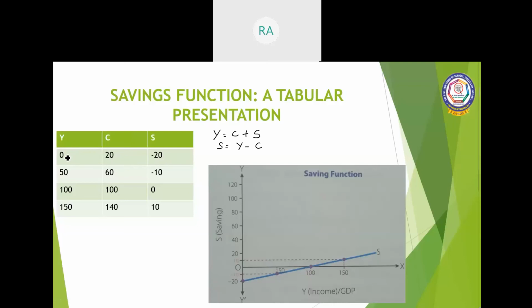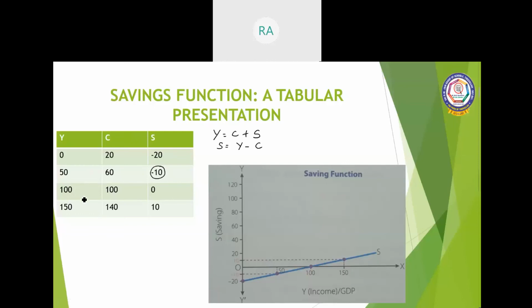When the income has increased from 0 to 50, the consumption has also increased from 20 to 60. When you compare income and consumption expenditure, the consumption expenditure is greater than income. 60 is greater than 50, and so there is again a negative saving of minus 10.